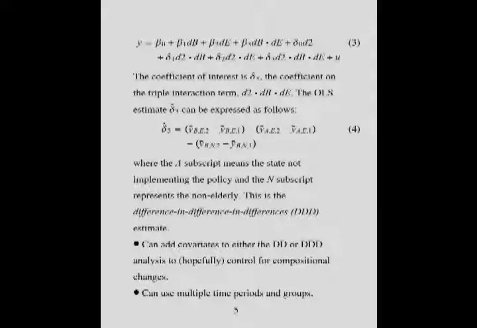And so, if you write the equation out as in equation 3, you get the dummy variables for the state, the group, which is E for elderly, the second time period, and then when you put in all the interactions, the coefficient that you're interested in is delta 3, the so-called difference in differences estimate. So you can see what happens is for the elderly in the state with the policy implemented, that's the change in means here.